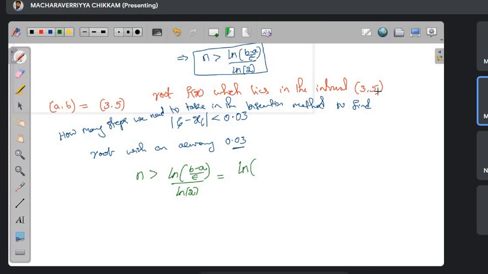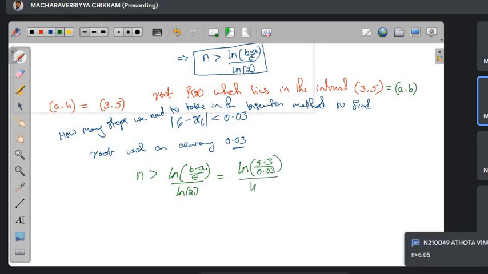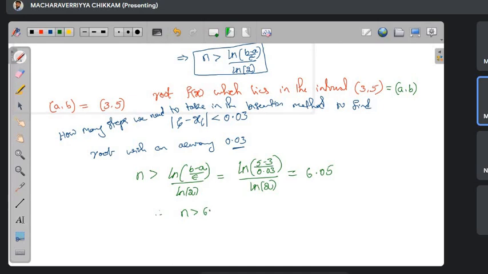Here a comma b is 3 comma 5, so this is ln of (5 minus 3) by 0.03, divided by ln 2. Its value is 6.05. So n must be greater than 6.05. What is the natural number after 6.05?